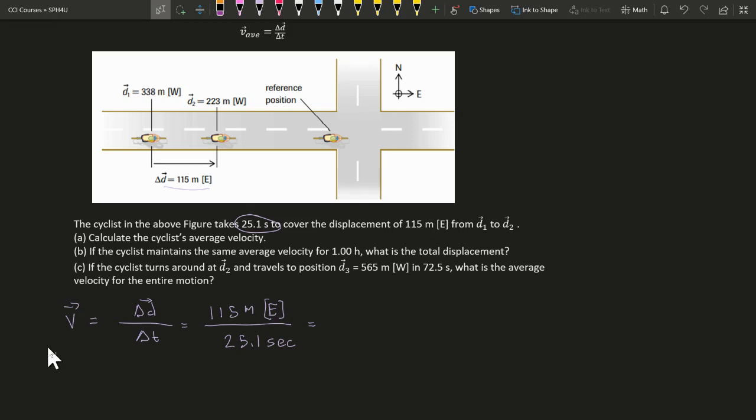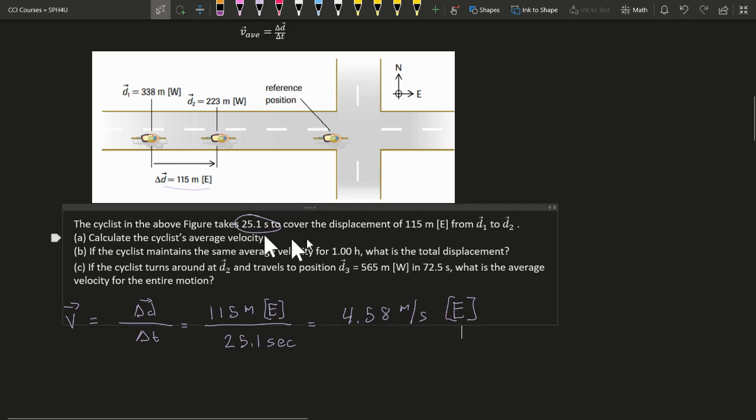Our velocity is going to be whatever this calculation turns out to be, 4.58 meters per second. And that's east. I'm going to keep 3 significant digits because both of our input values have 3 significant digits.